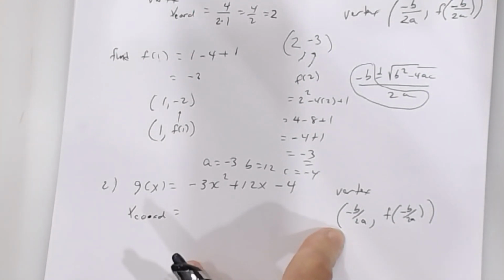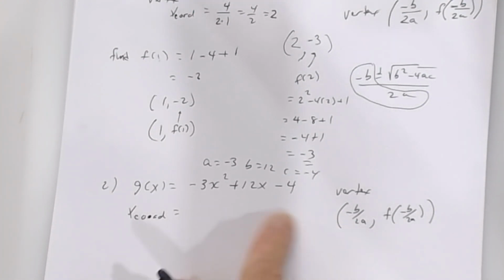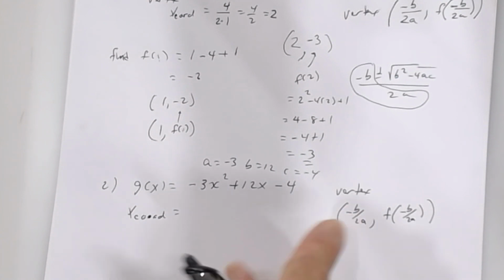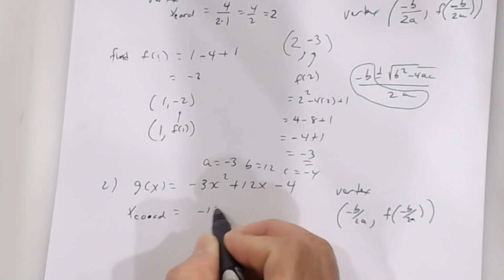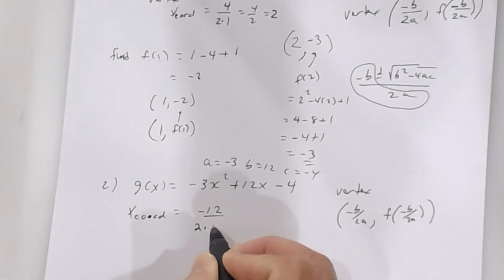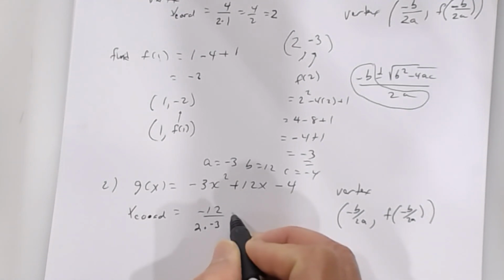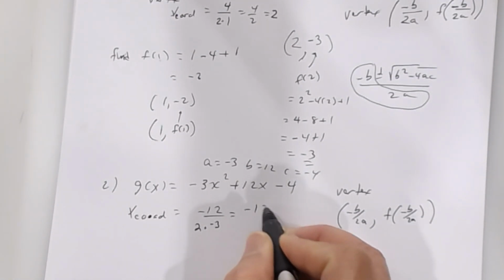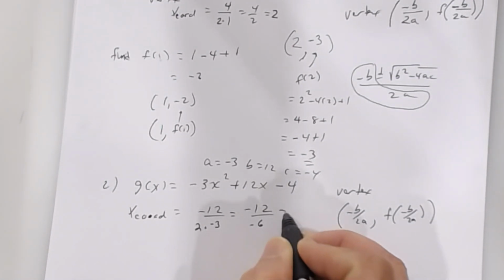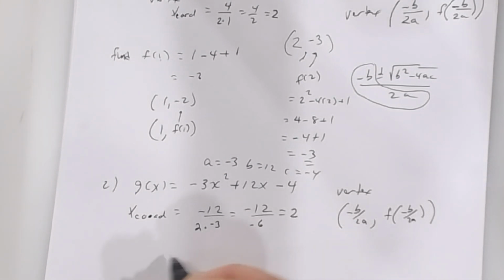No, because I just need B and A. So the x-coordinate of the vertex says I take the opposite of B. What's the opposite of B? Negative 12. Divided by 2 times A, what's A? Negative 3. So it's negative 12 divided by negative 6, which is 2. So I found the x-coordinate of my vertex.